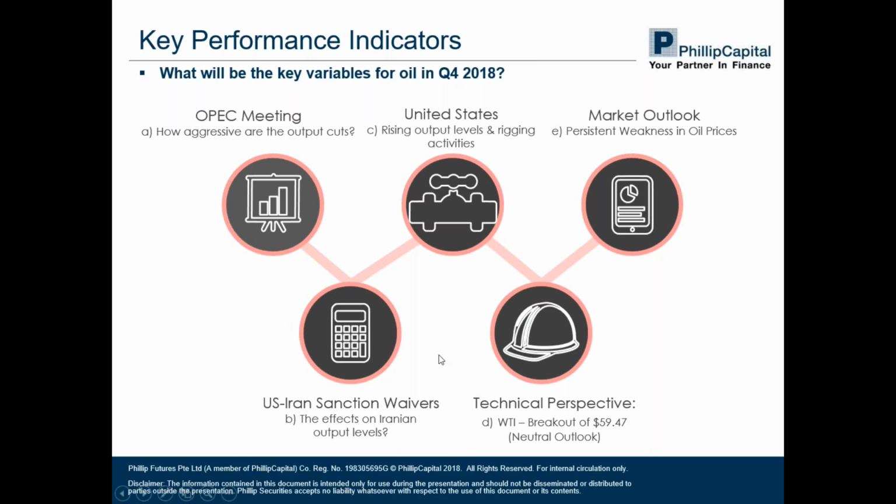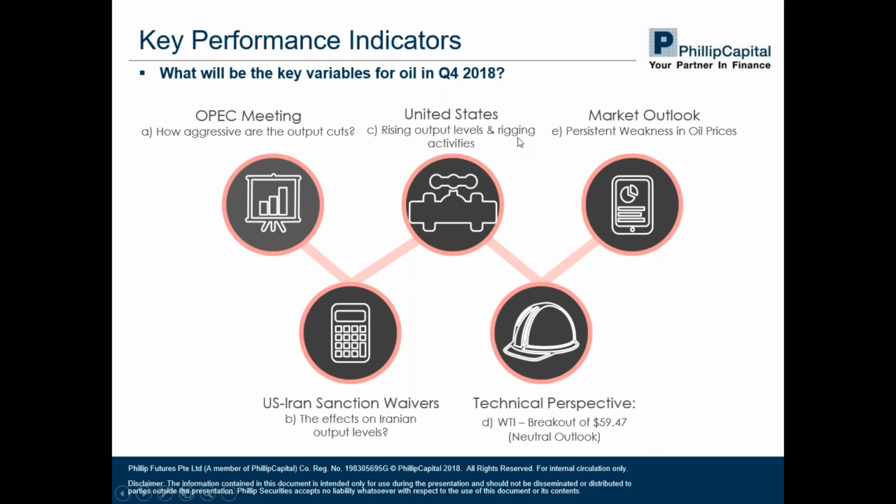So for the second point, Iran sanction waivers. So the effects on Iranian output levels, are Iranian output levels going to jump? Because there's a lot of uncertainty. We have seen actually 700 from OPEC's report, right? But is it going to go down, or is it down slightly? So this is something that we want to take note of.